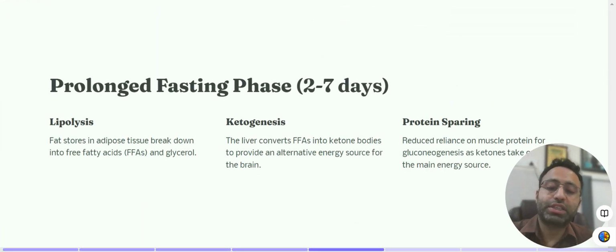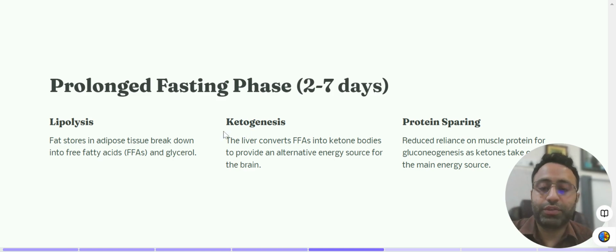That is a very important thing which we need to understand. Coming to prolonged fasting, if you're fasting for 2 to 7 days, there are three things that kick in: lipolysis, ketogenesis and protein sparing. Protein sparing is very important because if the protein starts breaking down, you'll start losing your muscle faster. In lipolysis, fat stores in the adipose tissue break down into free fatty acids and glycerol.